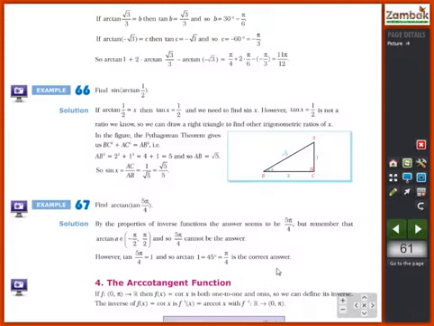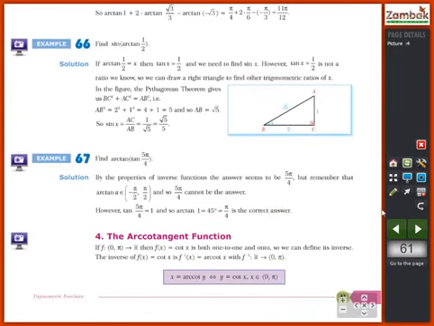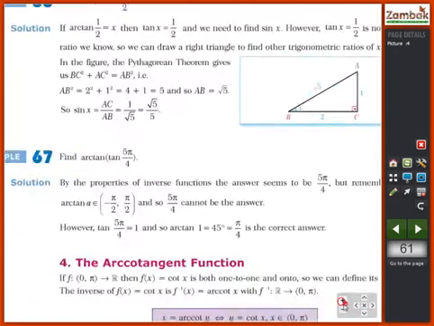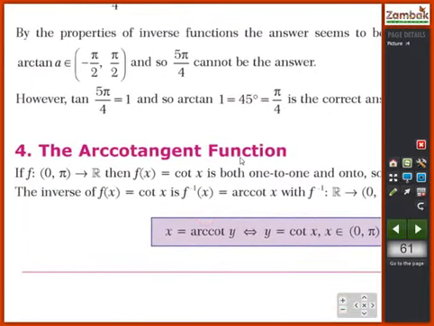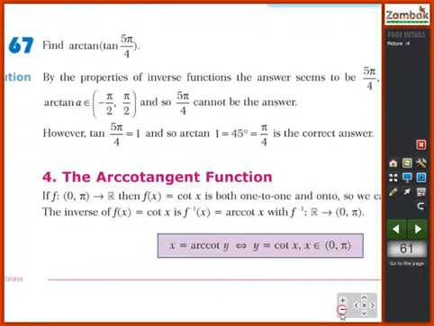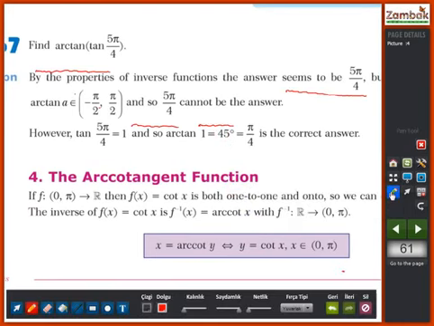Okay, now the next topic is arccotangent. You know, cotangent is the inverse of tangent, yeah? As you see here, we have this function. Also, we will limit the domain of the cotangent function because it's a periodic function, yeah?